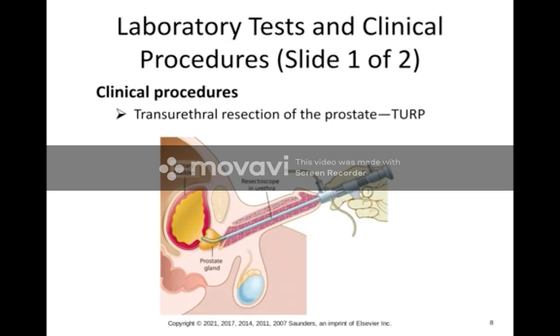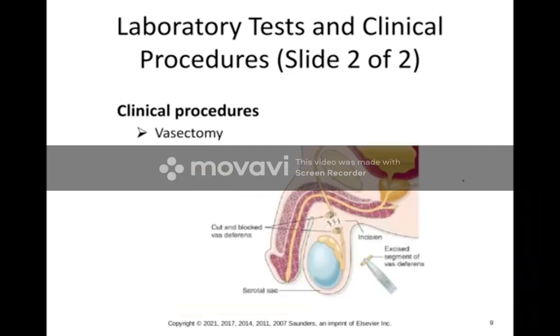Clinical procedures include the transurethral resection of the prostate, which is often referred to as the TURP. This is where they insert a resectoscope in the urethra, down into the prostate gland, and then resect that. Another clinical procedure is the vasectomy.